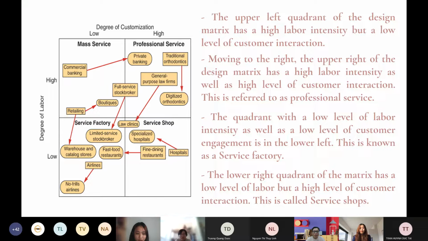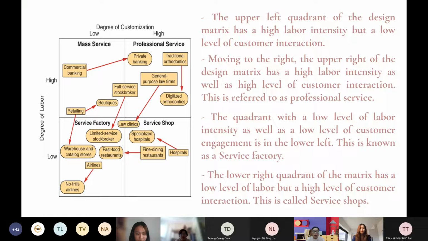This is referred to as professional service. The required success factor for firms operating in this quadrant is high quality and appropriate personnel, with a focus on what consumers want rather than what the corporation wants.